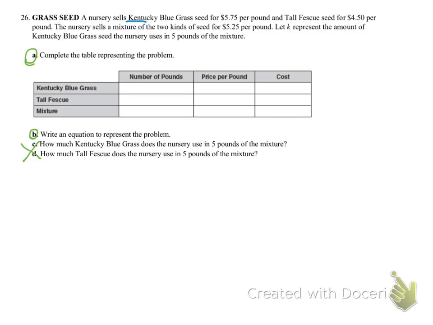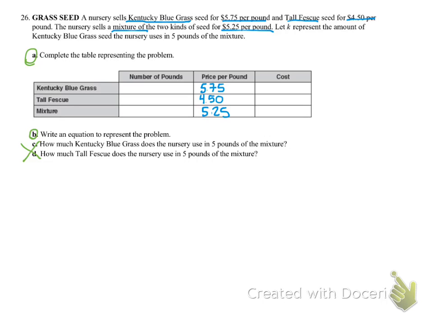We've got the Kentucky bluegrass that sells for $5.75 a pound. So that goes under price per pound for Kentucky bluegrass. We got the tall fescue that sells for $4.50 a pound. So that goes here. And we've got the mixture that they want to sell for $5.25 a pound.